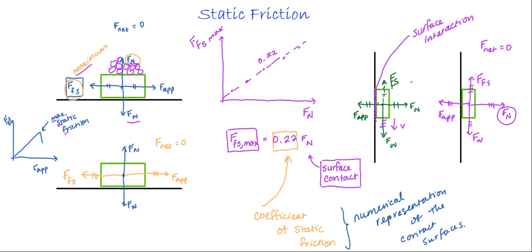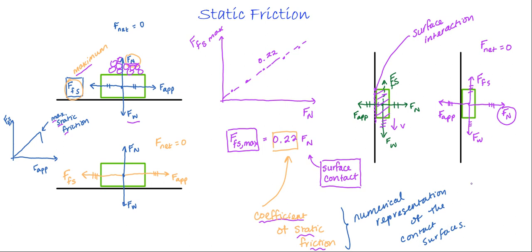So for example, if I were to replace this box with a block of ice that had been wet on one side, it would be very slick. And what that would mean is there wasn't very much static friction. Even if I'm pushing as hard as I was in any other case, the static friction maximum would not be enough because this coefficient of static friction, which is the numerical representation of the contact surfaces, would be decreased.